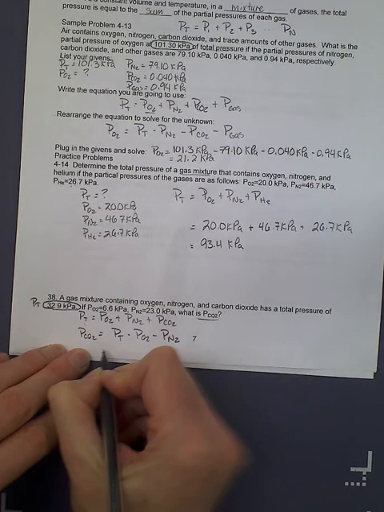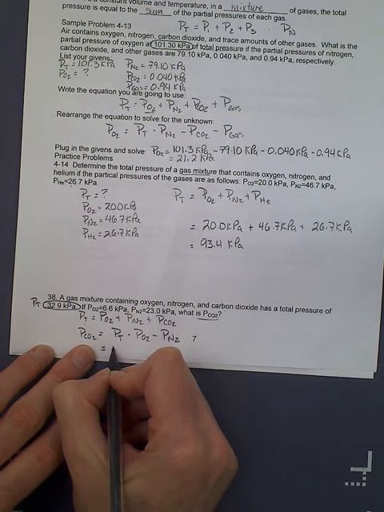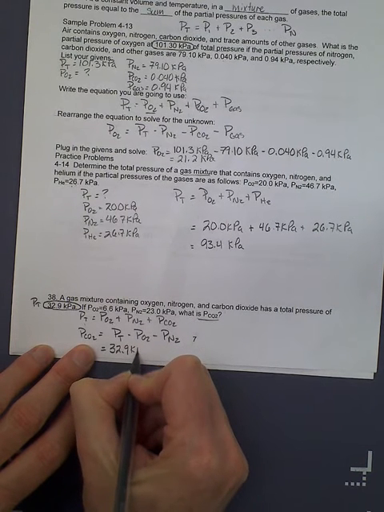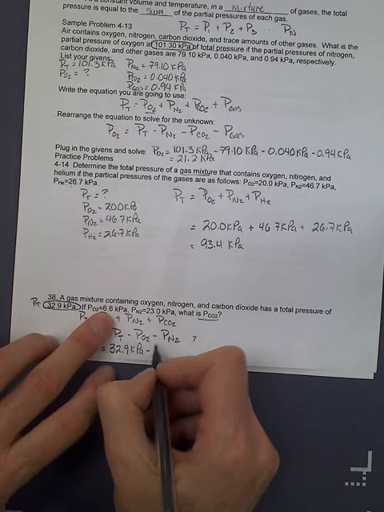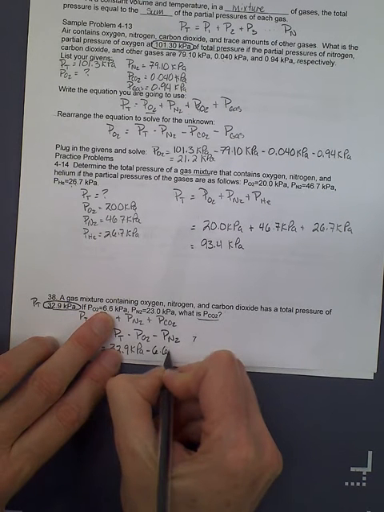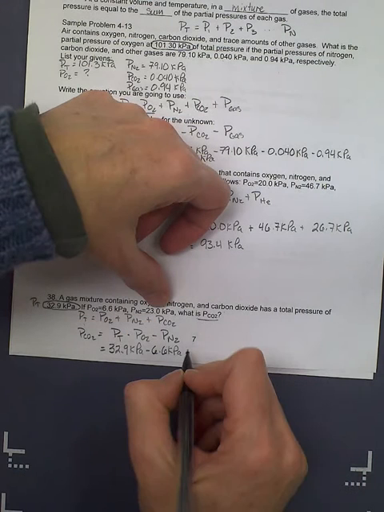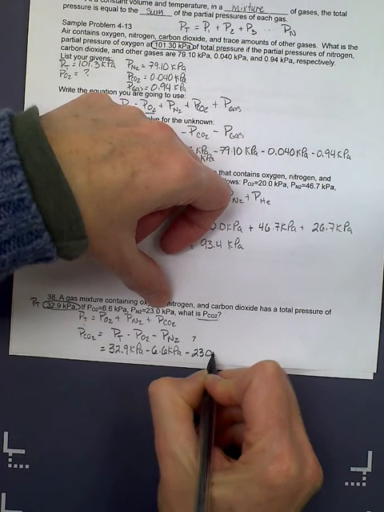Just put in our givens now. The total pressure is 32.9 kilopascals. And we're going to subtract the pressure of oxygen, 6.6 kilopascals. And we're going to subtract the partial pressure of nitrogen, which is 23 kilopascals.